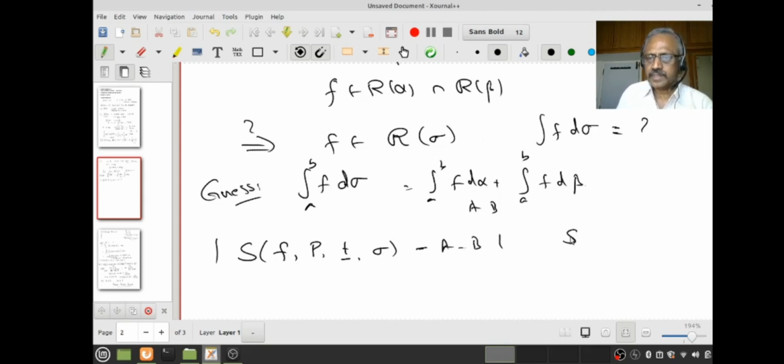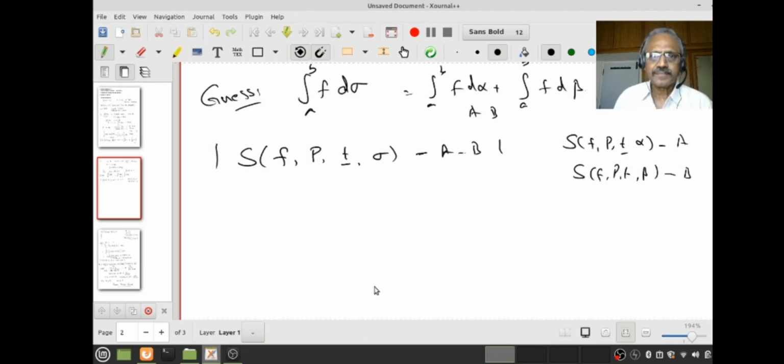I know how to estimate S(f, p, t, alpha) minus a, and similarly S(f, p, t, beta) minus b. So what should be my wishful thinking? From whatever you have seen the first time, you should be ready with the answer. S(f, p, t, sigma) is nothing other than, I'm here waiting for your answer.